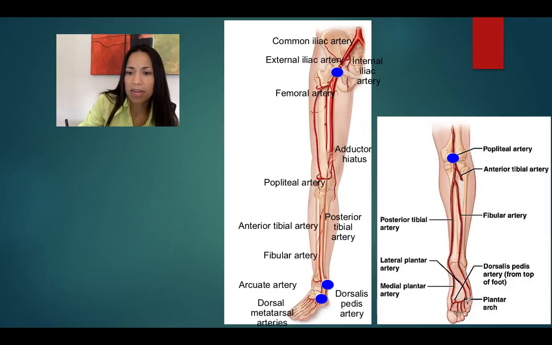And from there, we're going to find metatarsal and digital arteries for your toes.